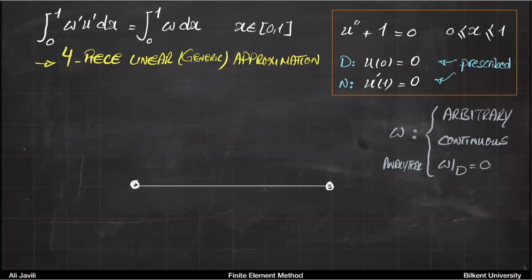So let's say this is 0, this is 1. Then we will have A, B, and C. Okay. Again, obviously, A must be larger than 0, B must be larger than A, C must be larger than B, and C must be smaller than 1. Okay, so this is what you want to do.